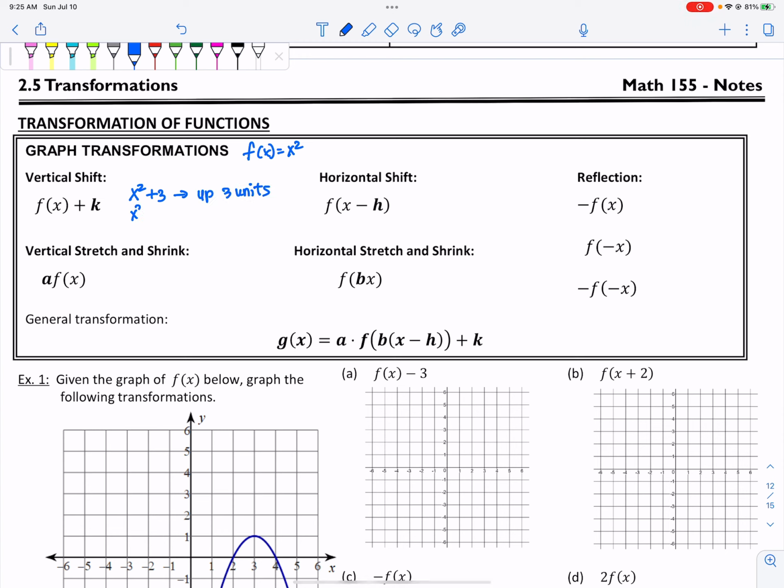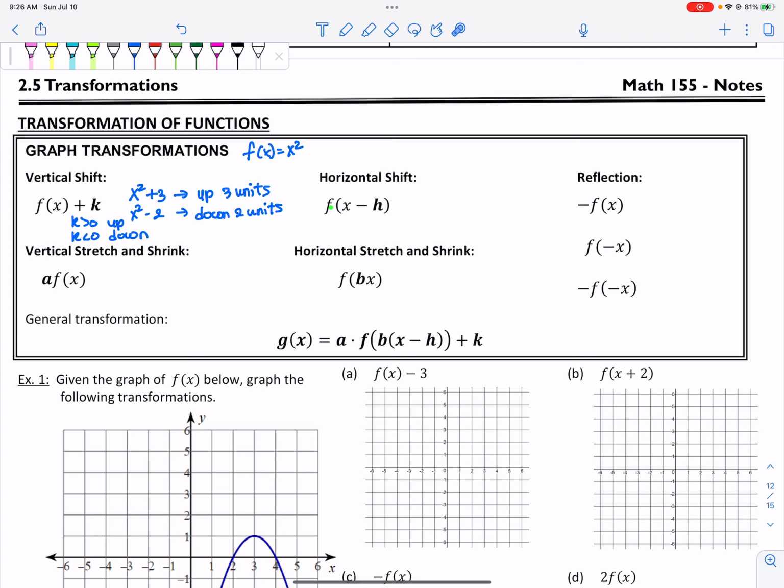And if we see x squared minus 2, the graph of x squared will be shifted down 2 units. So if k is bigger than 0, you're going to see an upward shift. If k is less than 0, then you're going to see a downward shift.